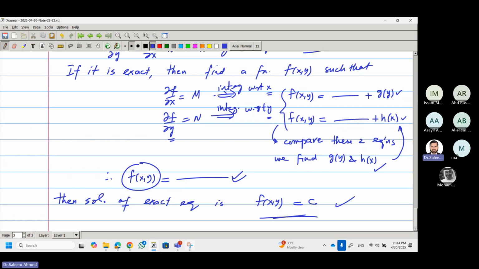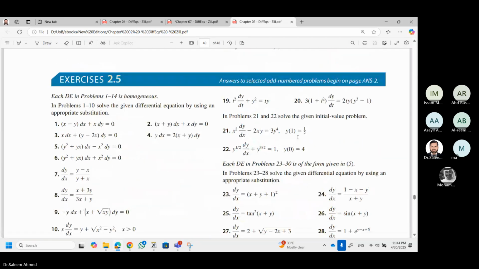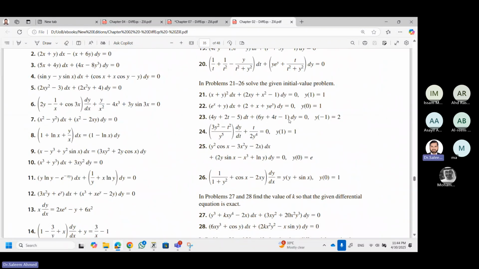Okay, so let me show you an example, similar to what will be coming in your exam. So these are the questions.